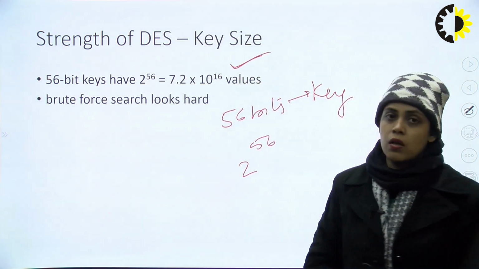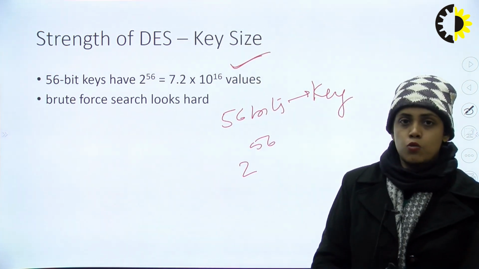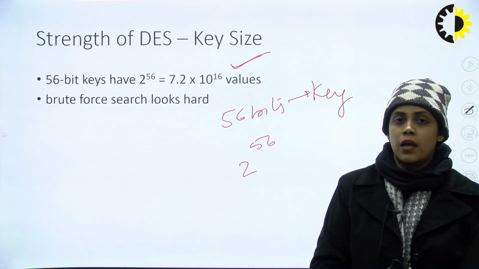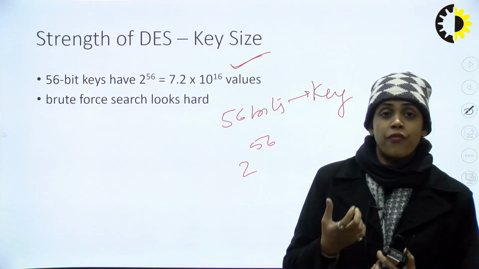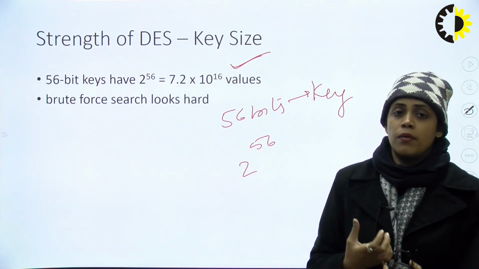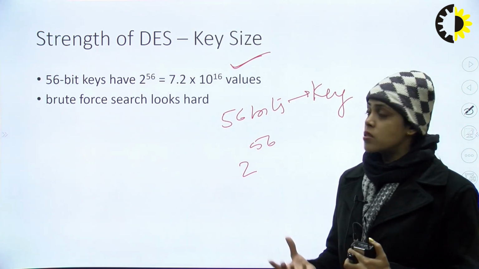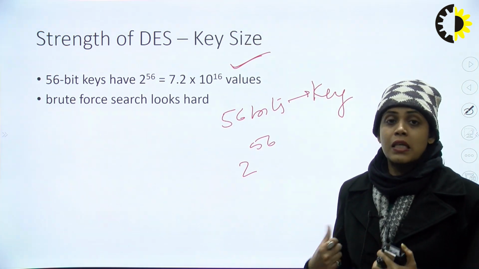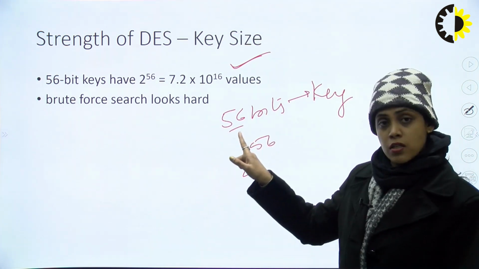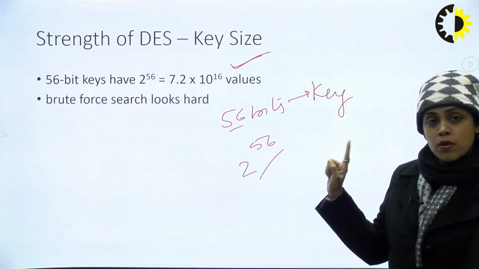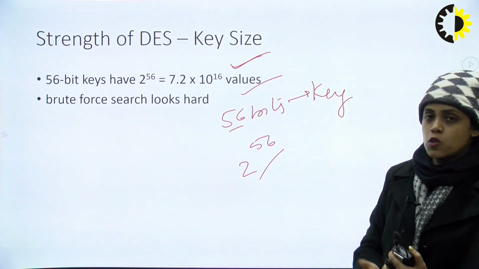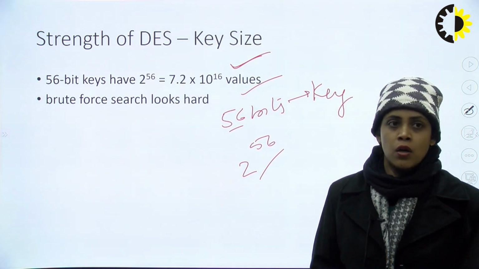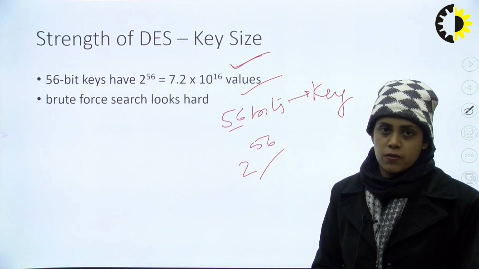It's quite a large value to try to crack some information. This is the very important factor in how DES is so strong. So the strength of DES is its key size. The key size is 56 bits. If we find the possible number of combinations, it produces this much value, which is very large, a huge value to be covered with a brute force search.